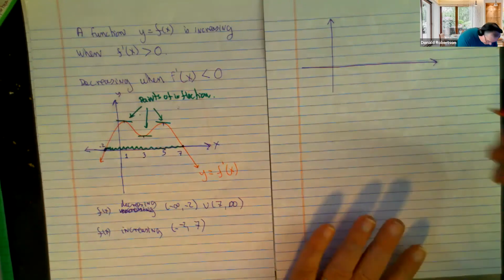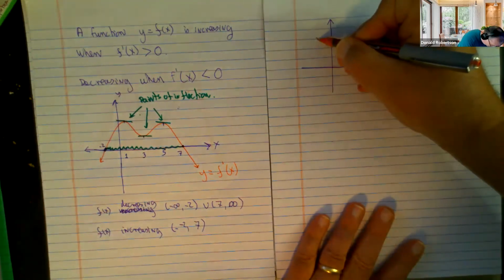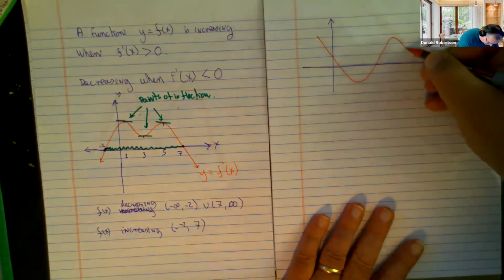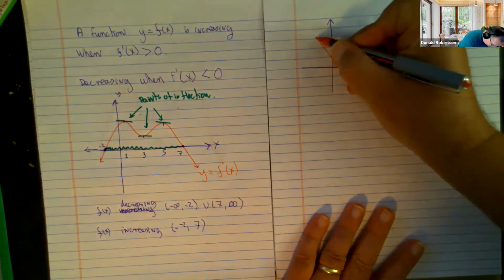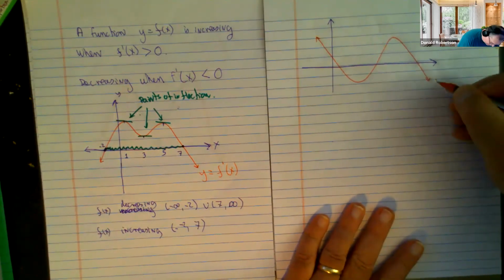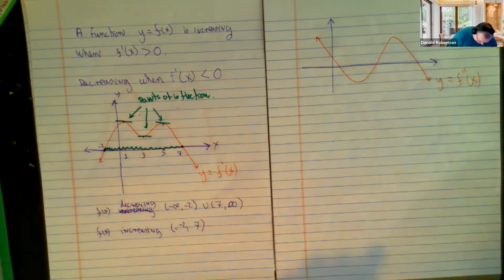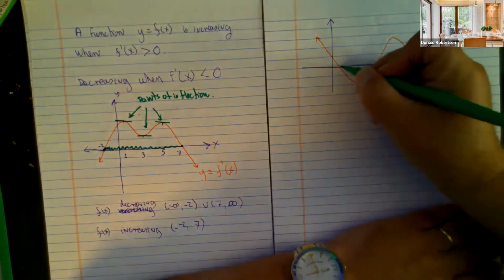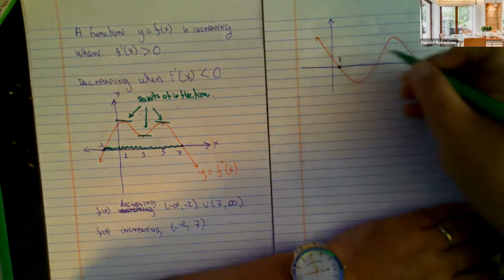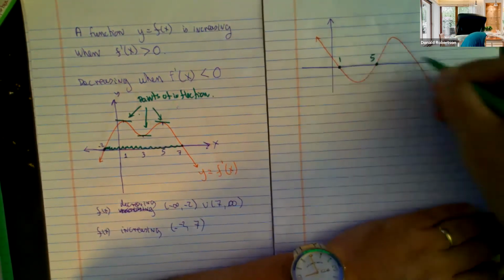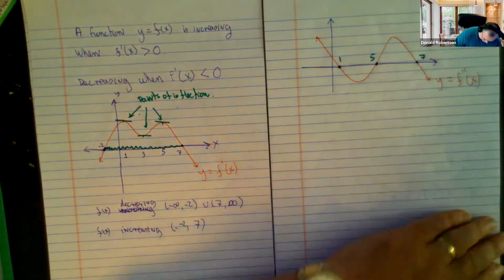Let's see how that works. Can you imagine a different curve, right? And this is a curve of a different function. I'm making no attempt to say it's this guy, right? And I'm going to tell you that that happens to be at 1, that happens to be at 5, and that happens to be at 7.